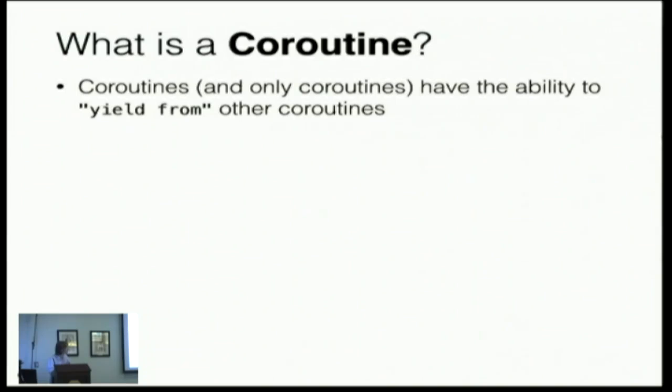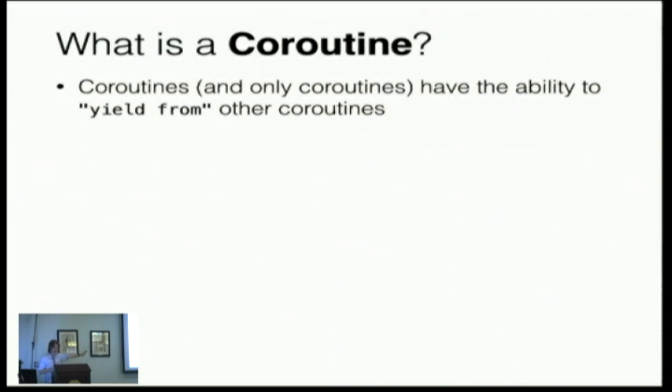Coroutines, and only coroutines, have the ability to yield from other coroutines. This is where you think, wait, you're throwing the word coroutine around a lot. If you're inside the coroutine generator, you can yield from this other generator, and it eventually passes things into the event loop. But you don't care about that.